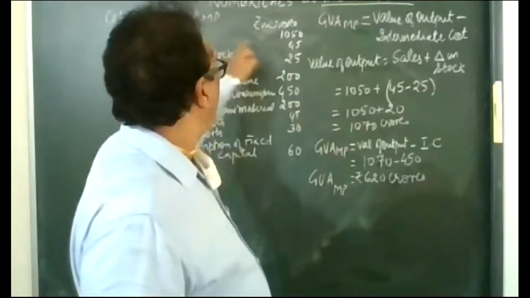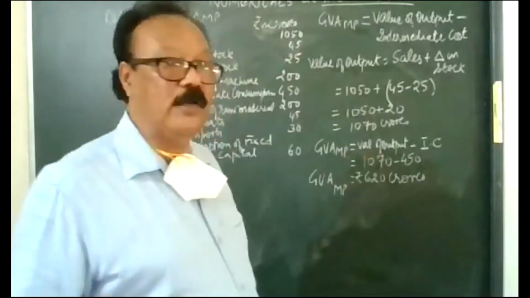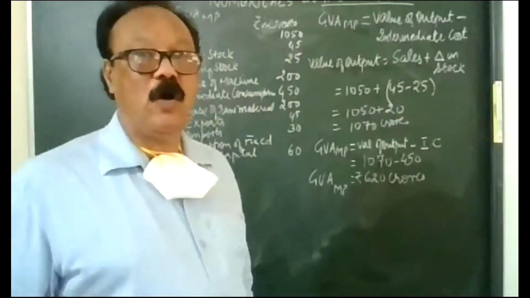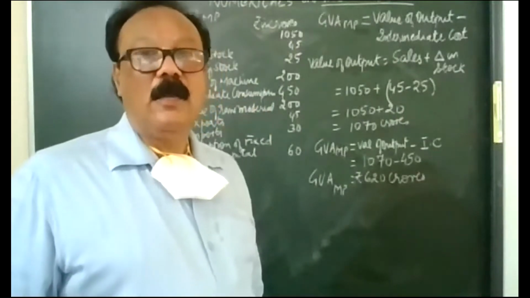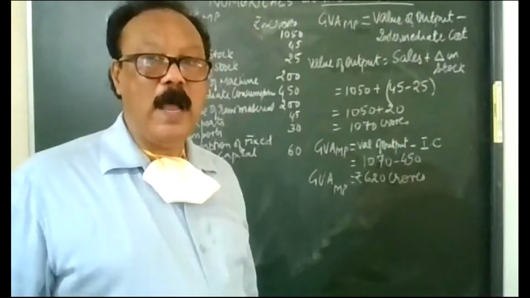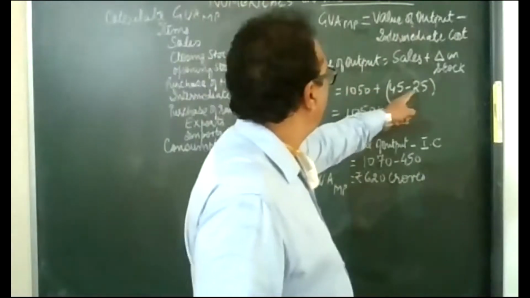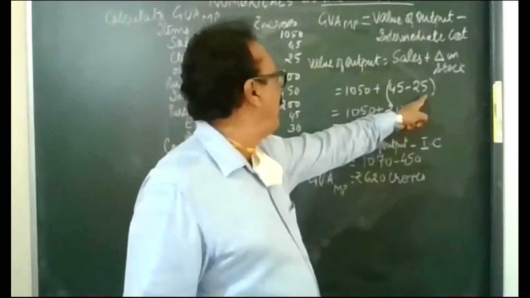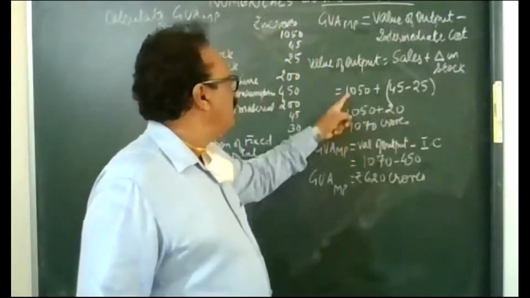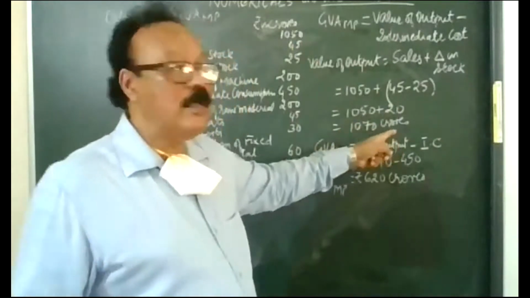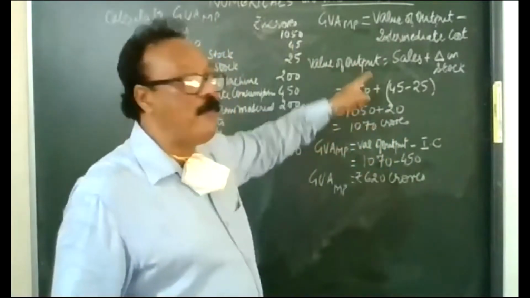Sales is given in your question, 1050. How do we calculate change in stock? Change in stock is closing stock minus opening stock. Closing stock is given 45 minus opening stock 25, that is 20. 1050 plus 20 is 1070 crores, which is the value of output.